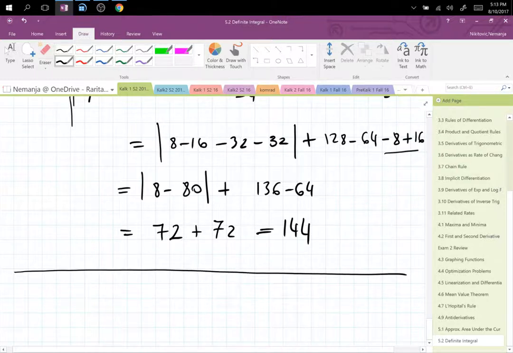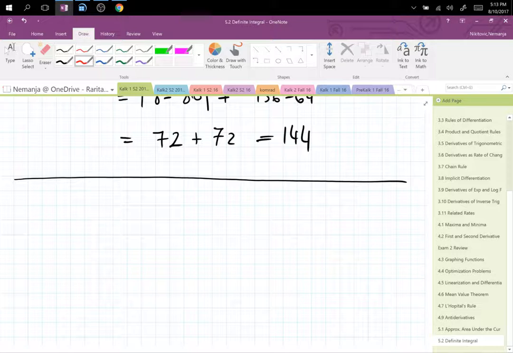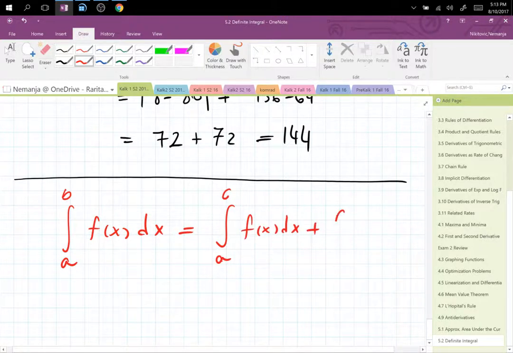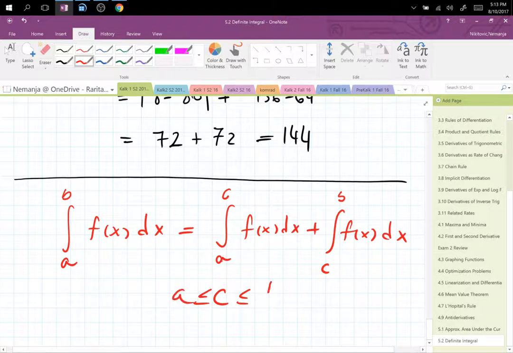All right, a few additional rules come in handy with definite integrals. We already saw the rule that the integral from a to b of f of x dx can be the integral from a to c of f of x dx plus the integral from c to b of f of x dx, where c is in between a and b.